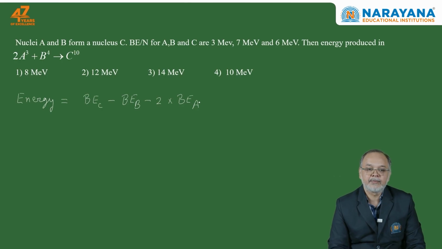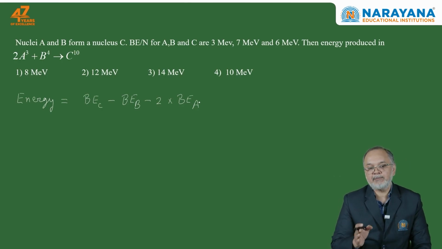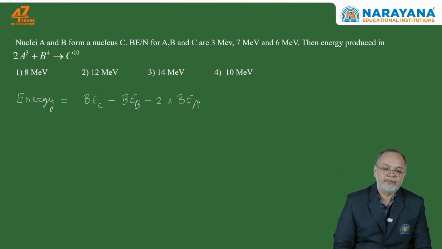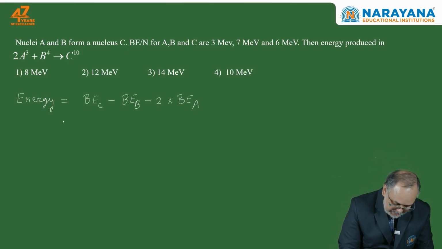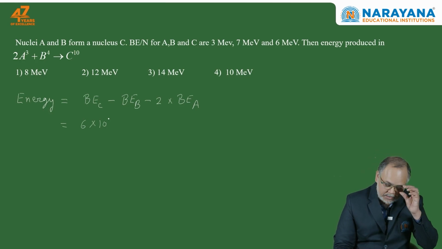A. And what values are given to us? That is binding energy per nucleons are given. So we can substitute in this. Binding energy of C will be what? That is 6 into 10. In C we have 10 number of nucleons.